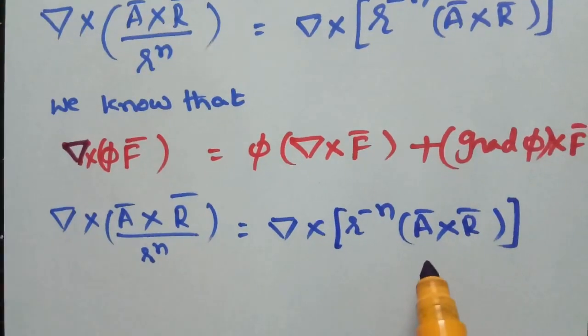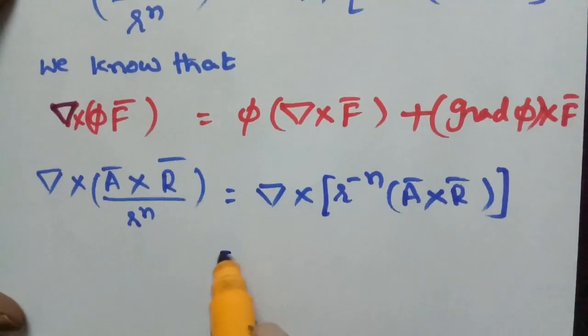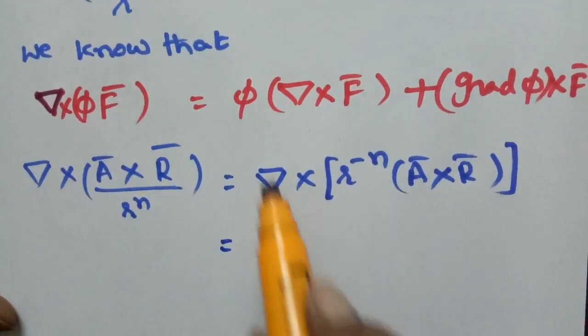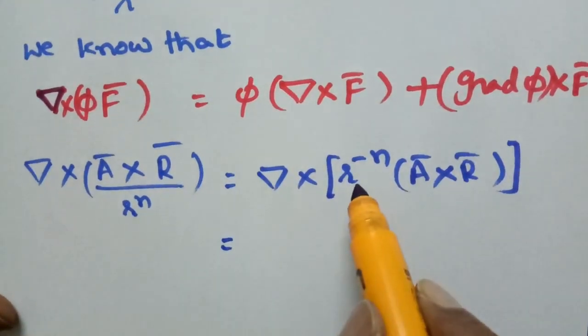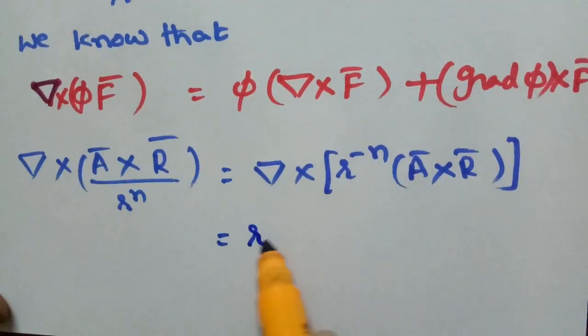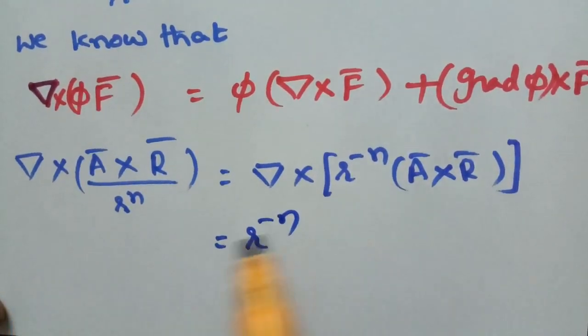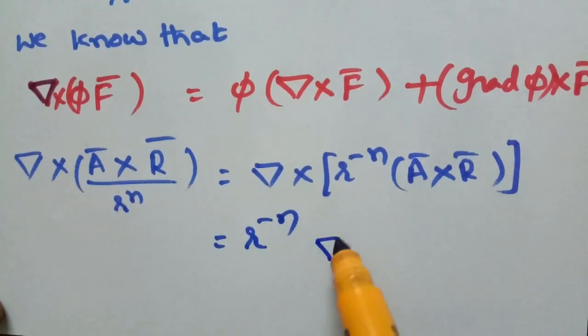This is phi, this is f bar. Therefore, this can be written as phi, that means r power minus n into del cross f bar.